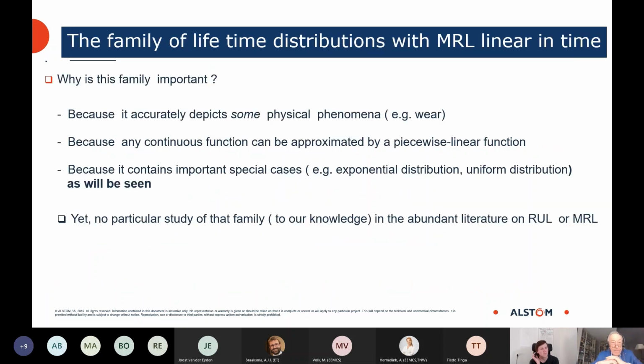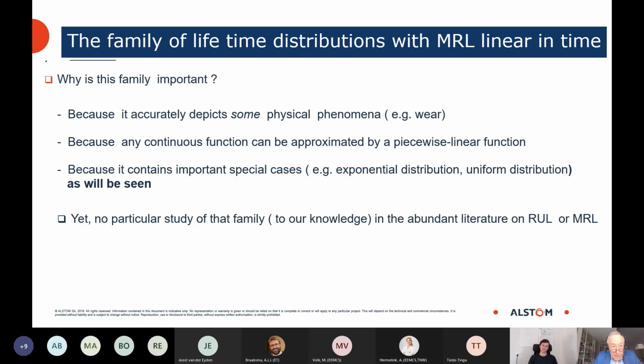Now, the family of lifetime distributions with an MRL linear in time. Why is that family important? Why is it worth looking at? First of all, as I said, because it accurately depicts some physical phenomena, not all of them. Second, because if you take any continuous function, you can approximate it by one which is piecewise linear if you have enough pieces, although it's not always that convenient.